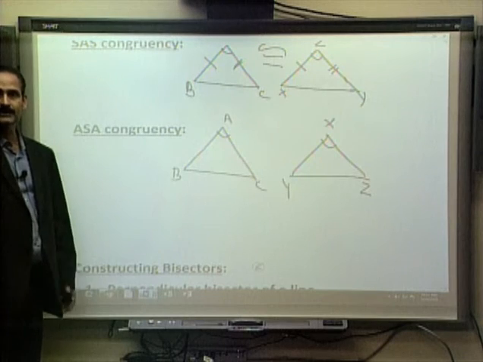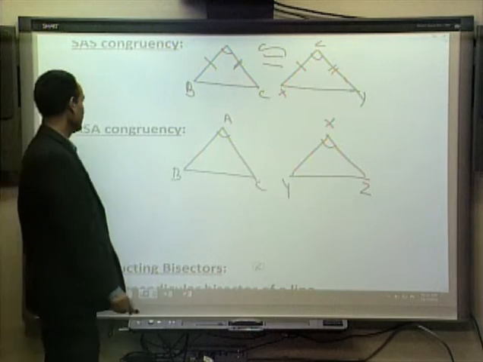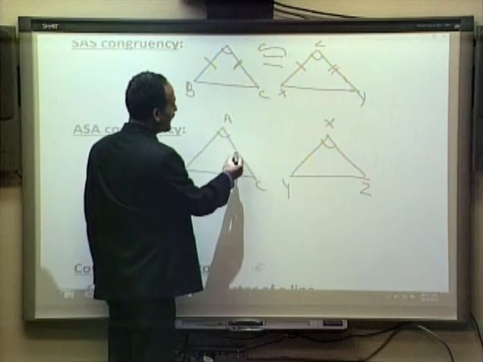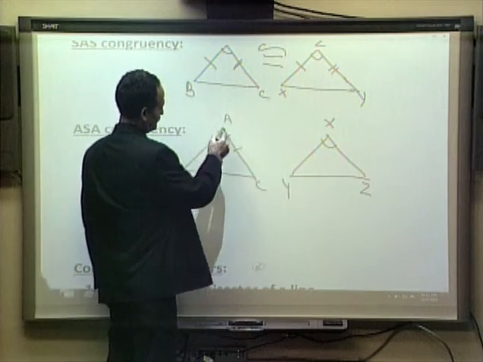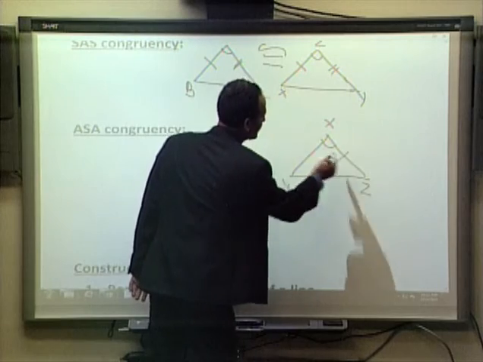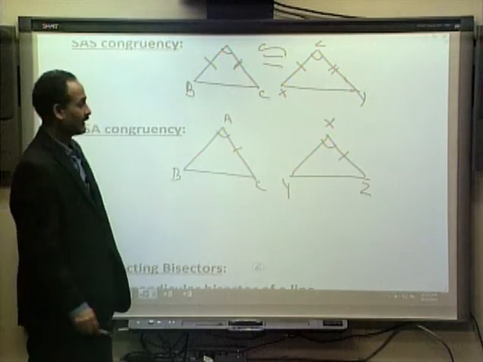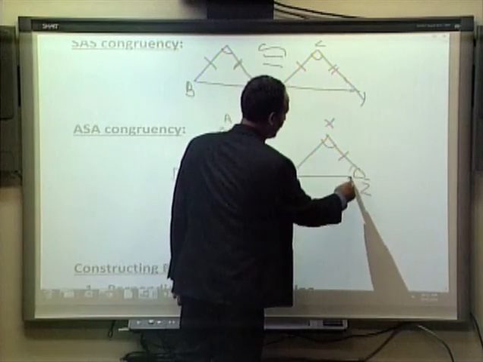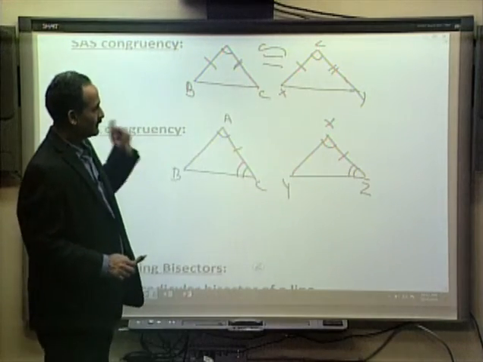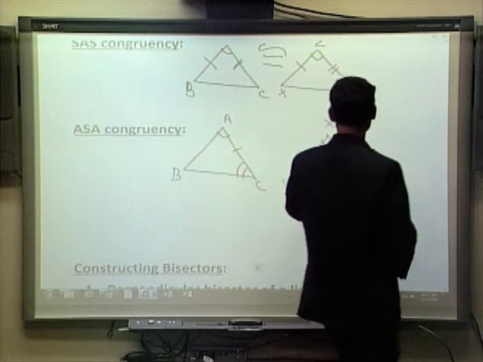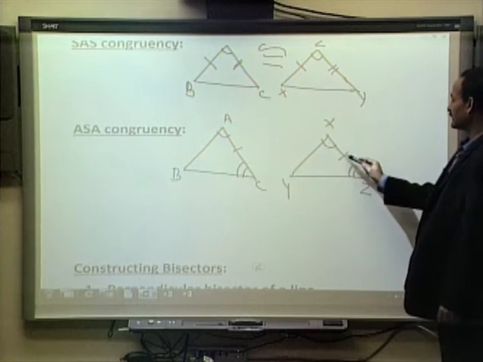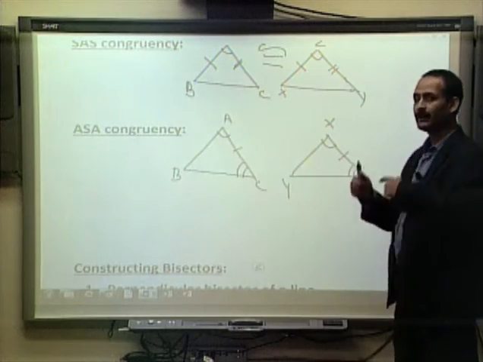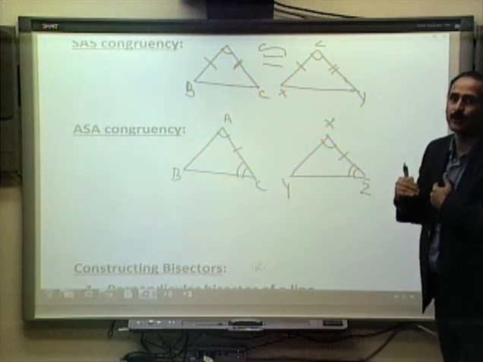A and X are congruent. A is for angle, S is for side, and let us say this side and this side are congruent. And let us say this angle and this angle are also congruent. Look, we are thinking of angle, then side, and then angle. In this situation, the side has to be in between the two angles.